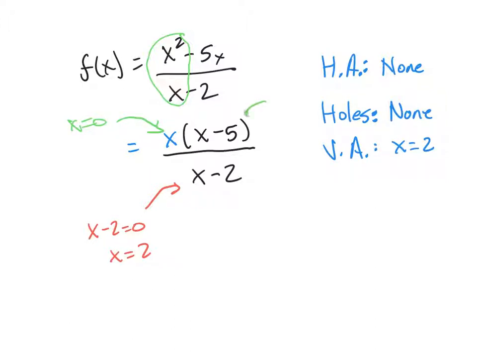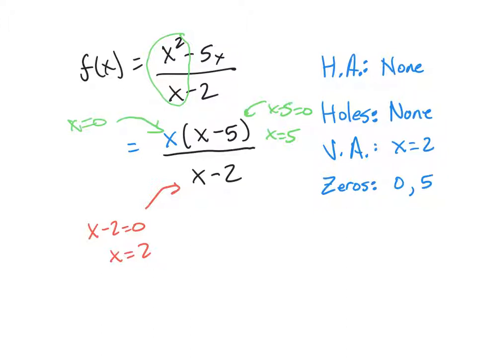And you set this factor equal to 0, and you'll see that you get x equals 5. So for my zeros, there are two of them. I keep saying the wrong things. My zeros are at 0 and 5. We're just going to list them like that.